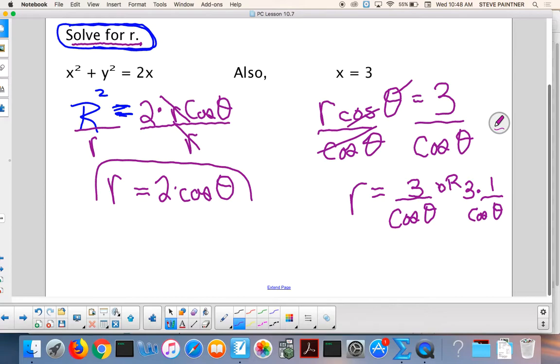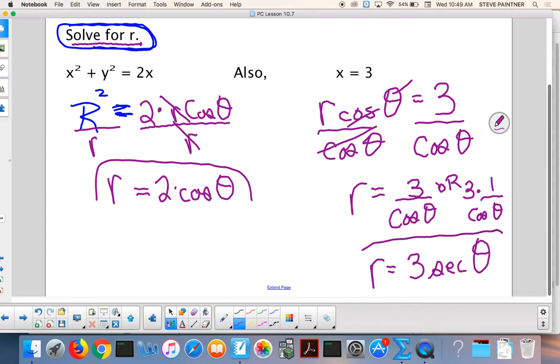Right? Because 3 times 1 is 3, and cosine on the bottom. But what's 1 over cosine? It's secant. So this is using your reciprocal identities back in chapter 5. So really the final answer would be 3 secant of theta. And that's the easiest equation for you to graph on Friday.